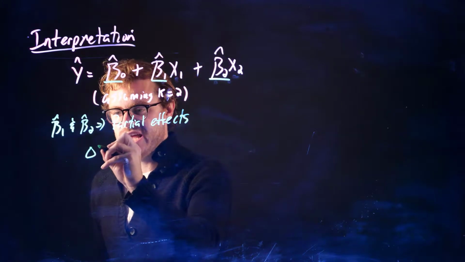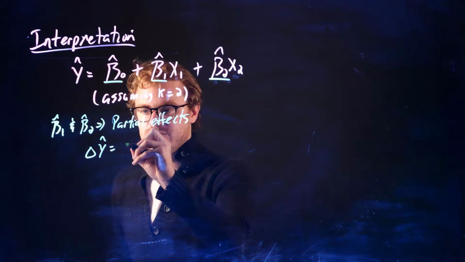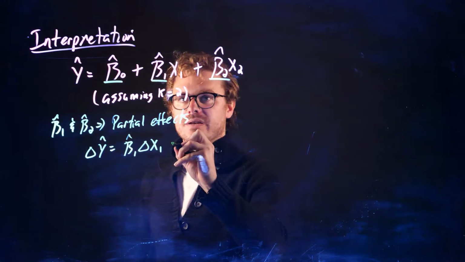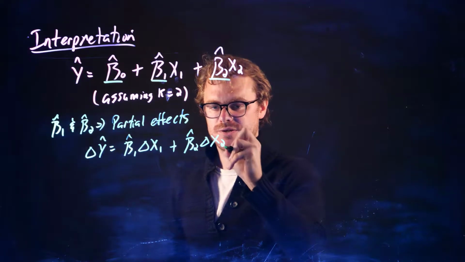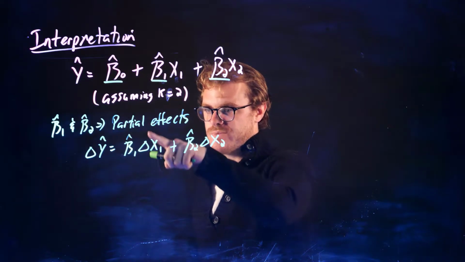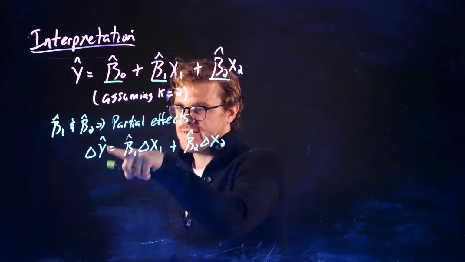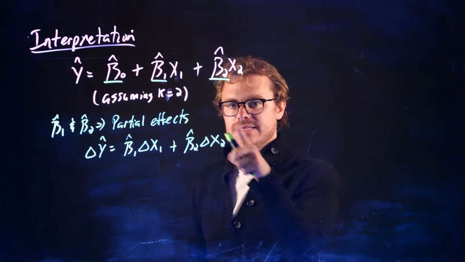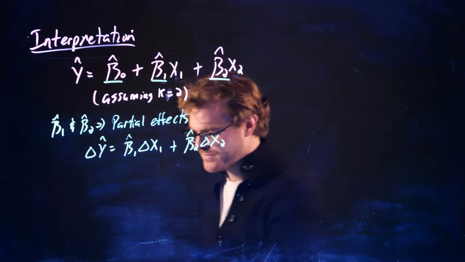We know that the change in y hat is equal to beta hat 1 times the change in x1 plus beta hat 2 times the change in x2. If we want to interpret beta hat 1 in terms of how it affects the predicted level of y, we have to shut down this second term on the right hand side.